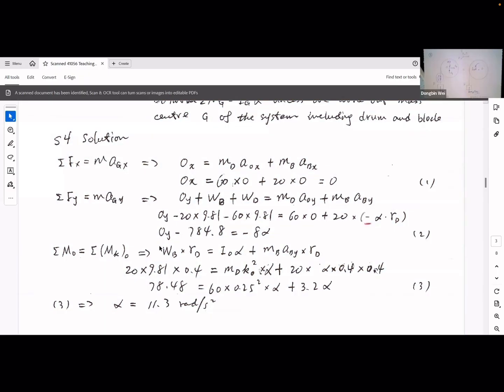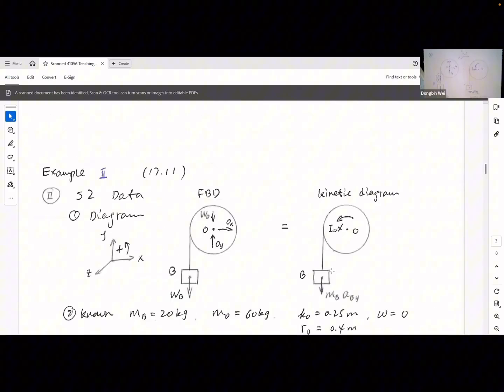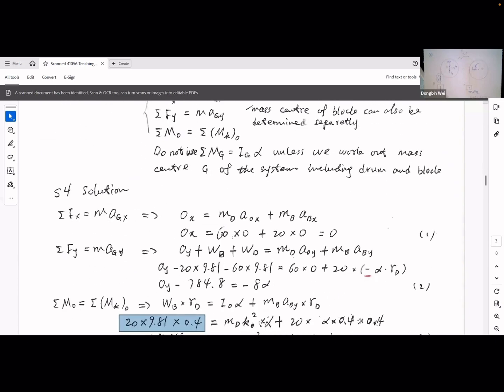Only WB needs to be considered, and it should be positive. On the right side, we have IO alpha, and also we have the kinetic moment generated by ABY about O. Again, this is counterclockwise positive.